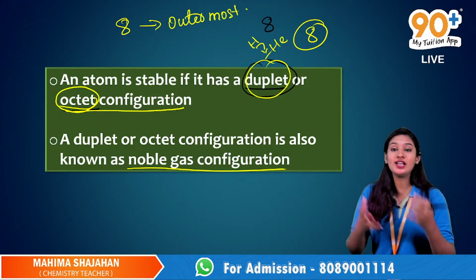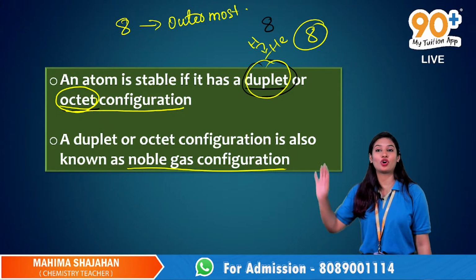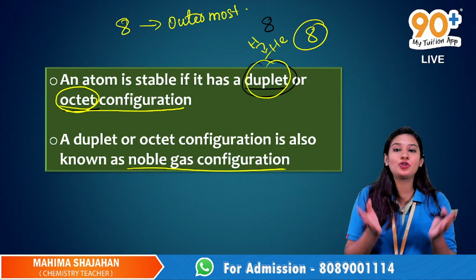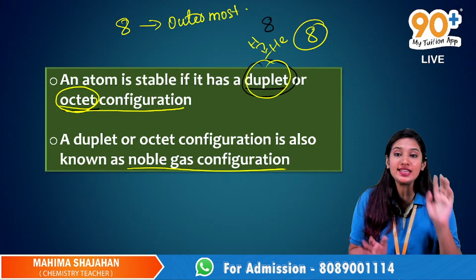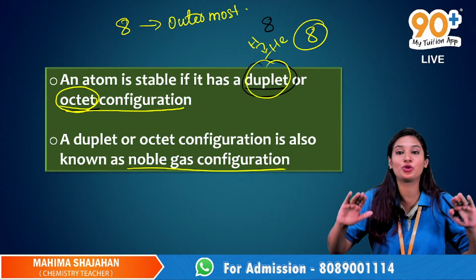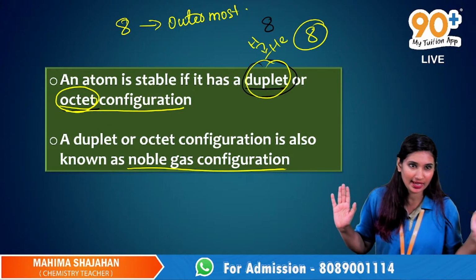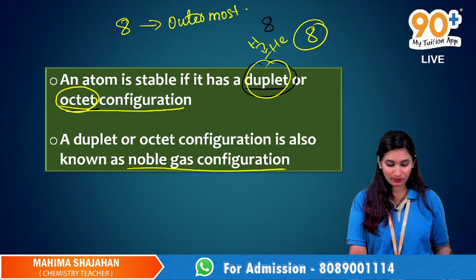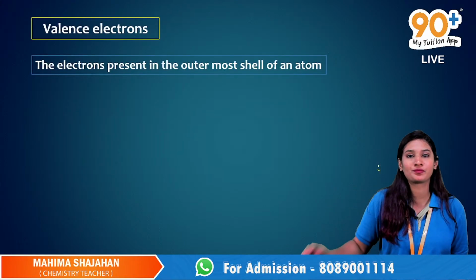To attain a noble gas configuration or octet configuration. So, if in their outermost shell it is 8 electrons, it is found to be stable. Okay, that atom is found to be stable. Is it clear? Or do you have any doubt?